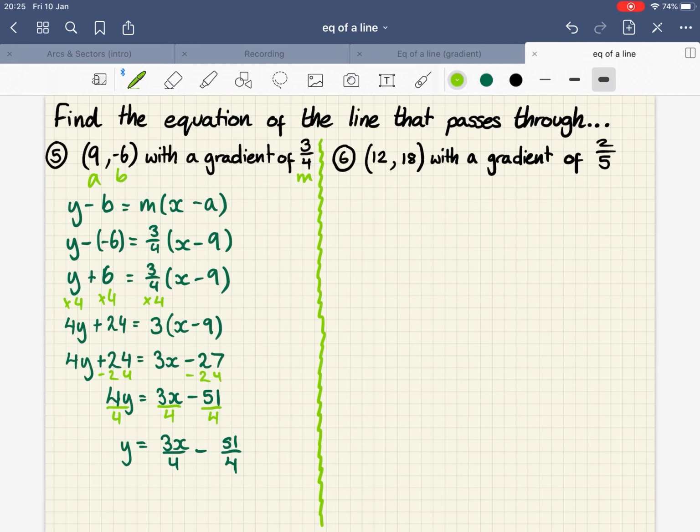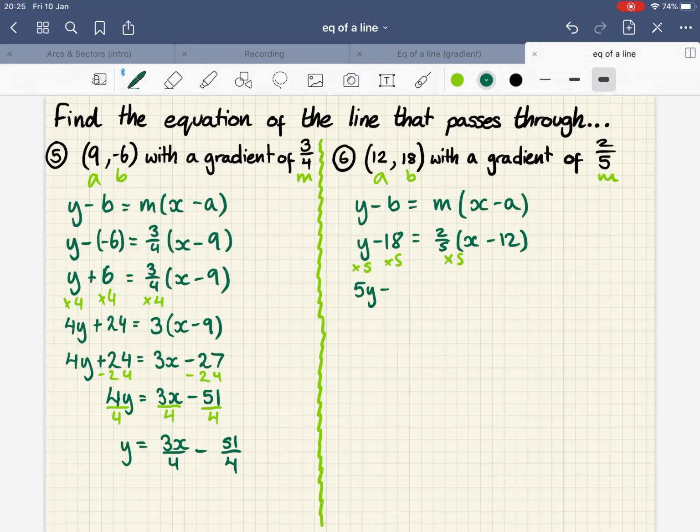Okay, so one last example. There's my a, b, and m. So I've got y minus b equals m bracket x minus a. So y minus 18 equals 2 over 5 bracket x minus 12. Multiplying that whole thing by 5, multiplying that by 5, multiplying that by 5. We now have 5y minus 90 equals 2 bracket x minus 12. Expanding that bracket, it's going to give me 2x minus 24.